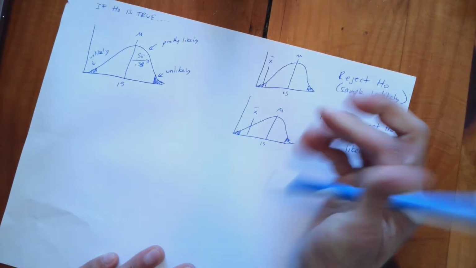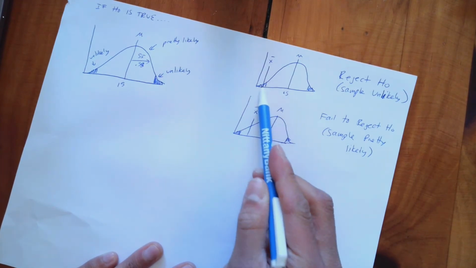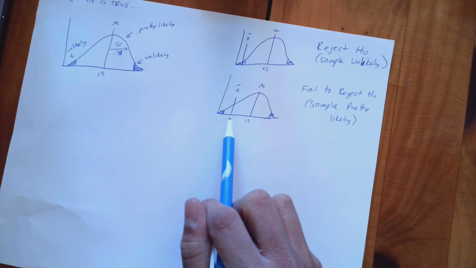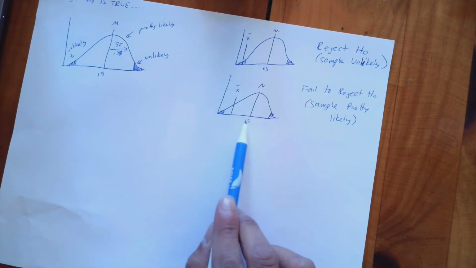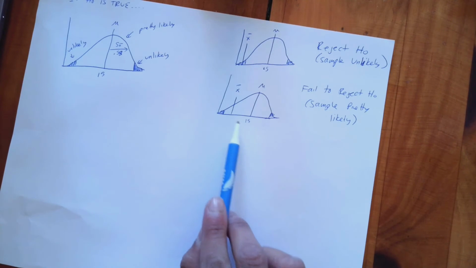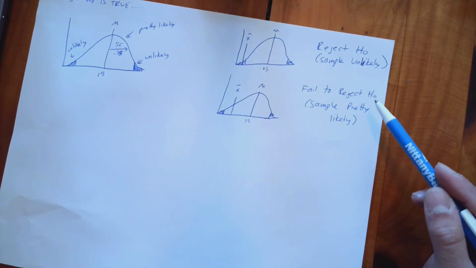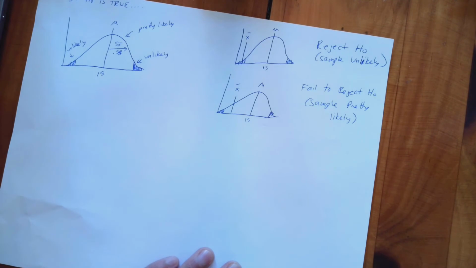That the true mean value is not really 15 if our sample is so low that it's in this teeny tiny tail that we have out here. On the other hand, if our sample mean of 10.6 is in this zone here that's among the values that you're likely to get with a true population mean of 15, then we would say we fail to reject the null hypothesis. And it's a sample mean that we would expect to get if the true population mean were equal to 15. So if our null hypothesis were true.